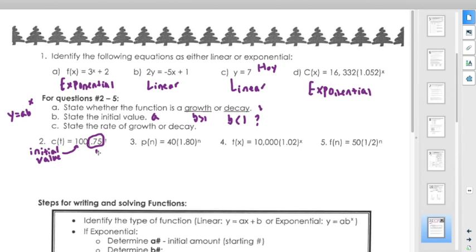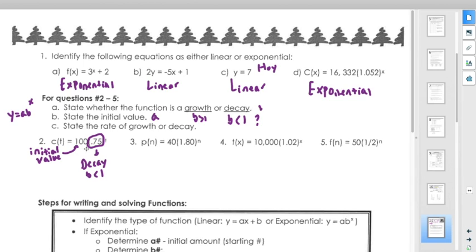Right? 0.75. Well, is that greater than 1 or is it less than 1? 0.75 is less than 1, which means that's a decay. Decay because b is less than 1.